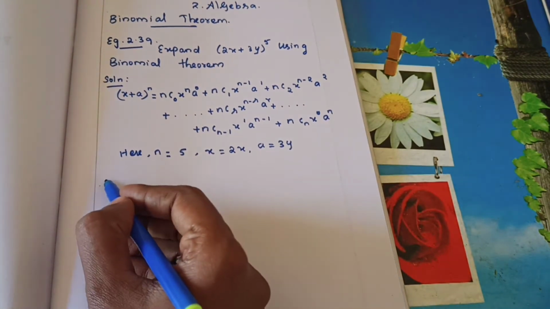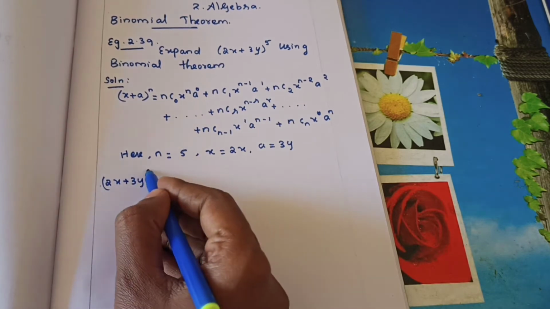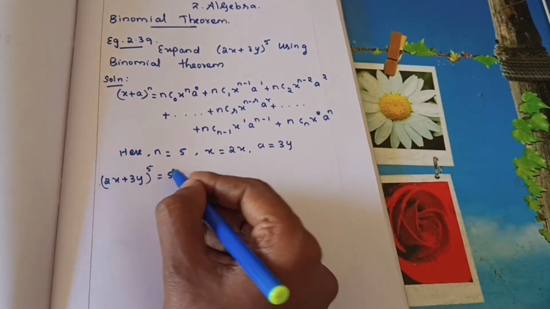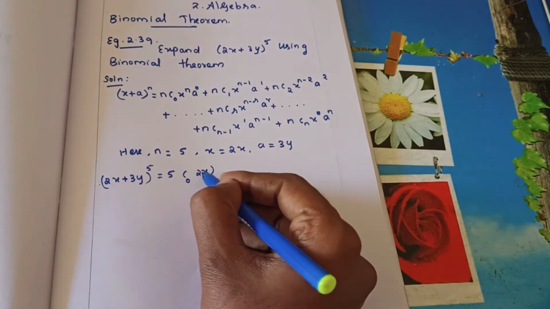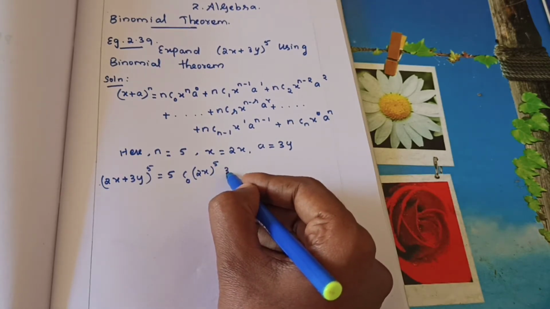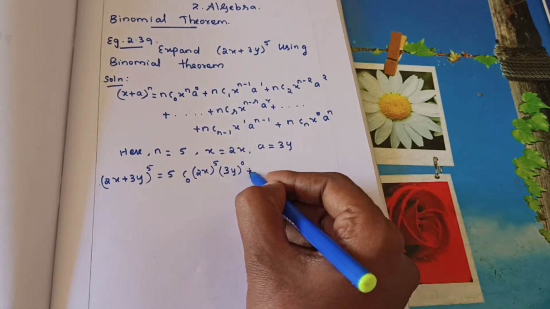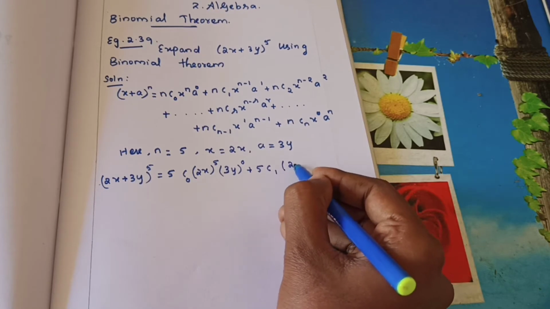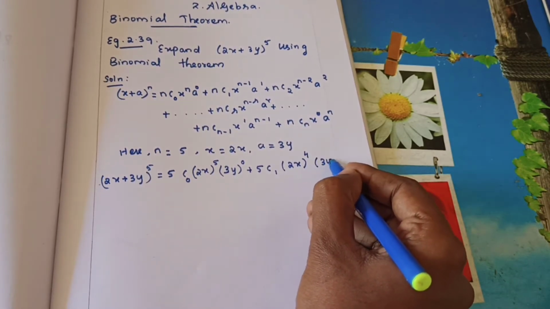So 2x plus 3y the whole power 5 is equal to, just substitute here. n means 5, 5C0, 2x power n, the value is 5, a value is 3y, the whole power 0. Then next term 5C1, 2x power n minus 1 means 4, 3y.